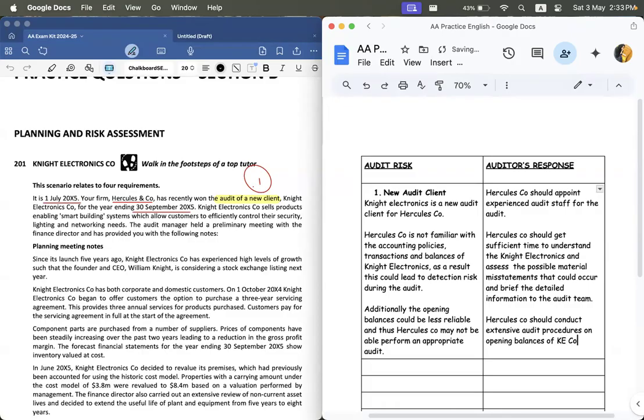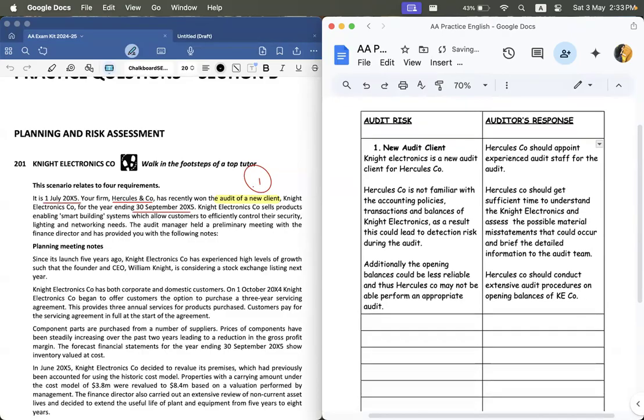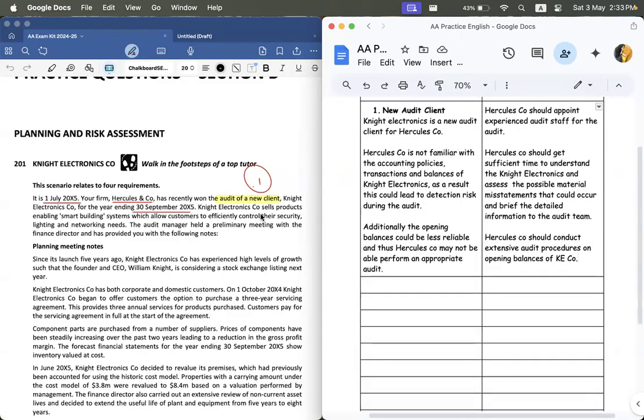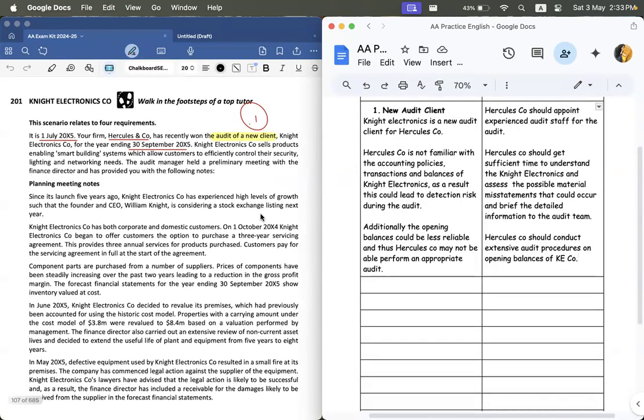Ma'am, in the exam, out of these risk questions and control questions, usually the scenarios that come up, can any other new ones also come? New ones could be there, but most of the risks could be something that you have done in your practice kit. Similar ones could be there, new ones could also be there.